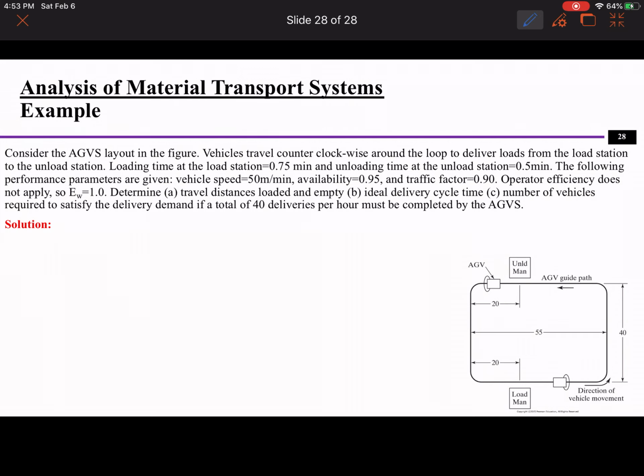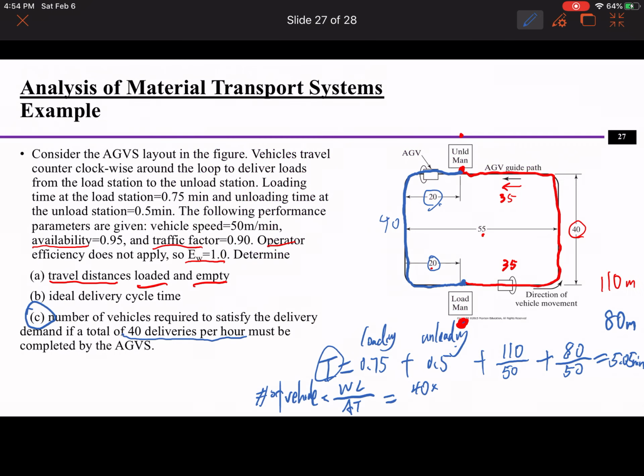So 40 times 5.05 is the workload, divided by availability.